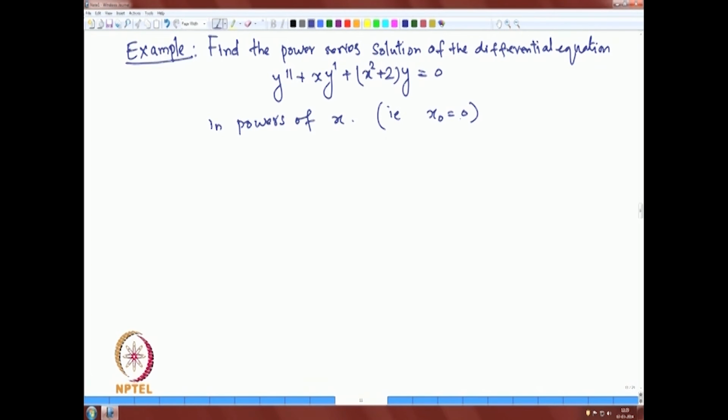Let us check whether 0 is an ordinary point. Okay. So, obviously, your P1 is x, P2 is x square plus 2. So, all points are ordinary points.